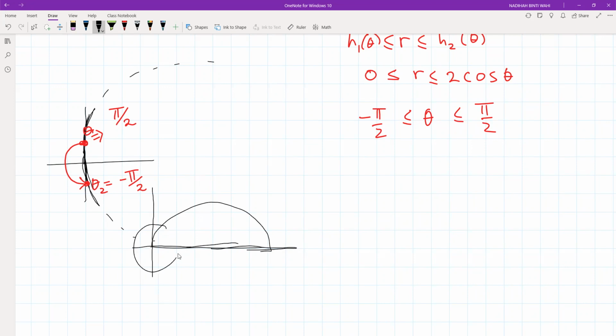So kalau awak zoom in kat situ, make it bigger. So this is the line right here and then the line right there.